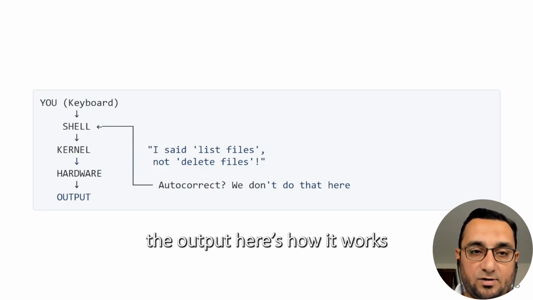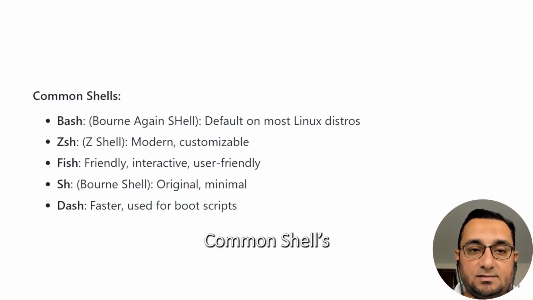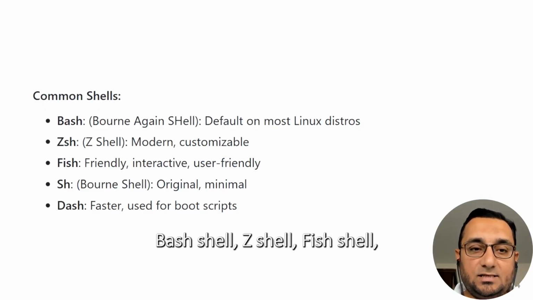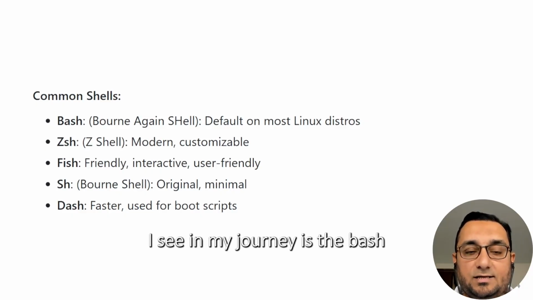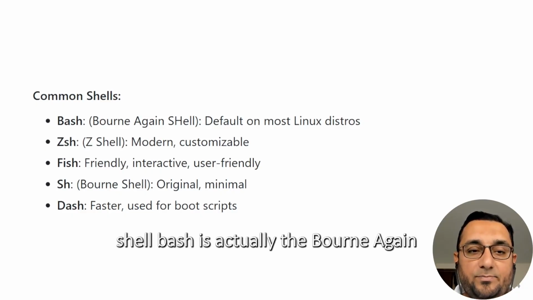Here is how it works. Common shells: bash shell, Z shell, fish shell, sh, Bourne shell, dash. The most common ones I see in my journey are bash and the Z shell. Bash is actually the Bourne Again shell.